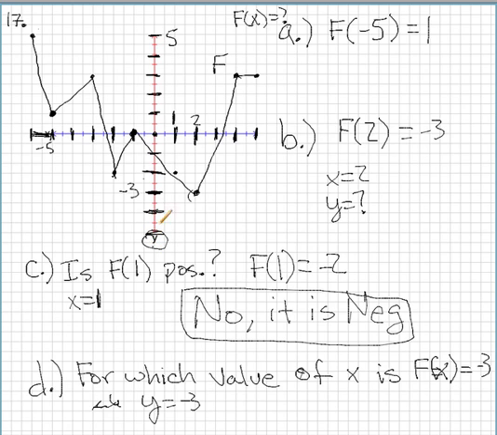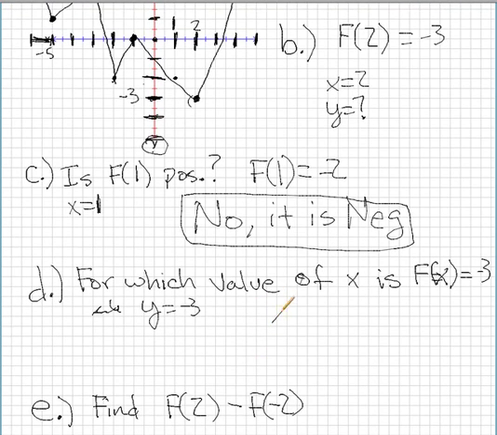See, here's the y-axis, and here is -3. And where does the graph hit that? Right here. And what it's asking is, what is the x value? The x value is, if we go up from that point, 2. So the answer to this part D is x equals 2 when f of x is -3.